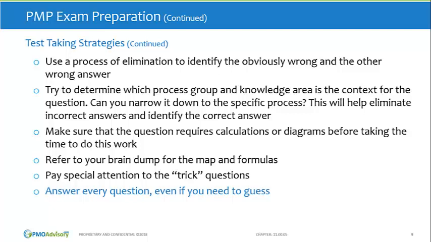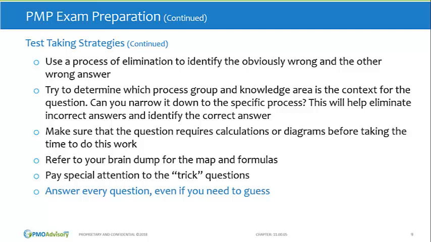If you can identify which process group and which knowledge area is the context for a question, you can narrow it down, and it will help you to eliminate incorrect answers and identify the correct answer. Make sure that a question really requires calculations or diagramming before you take the time to do this work.